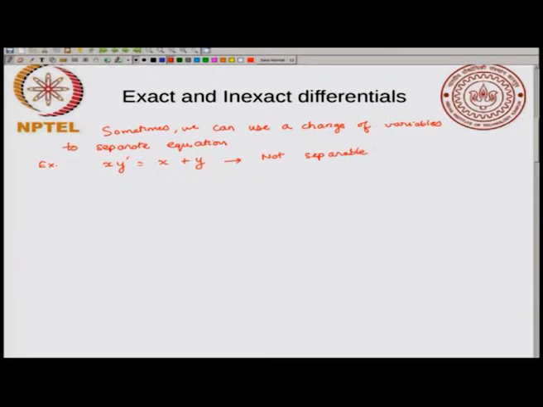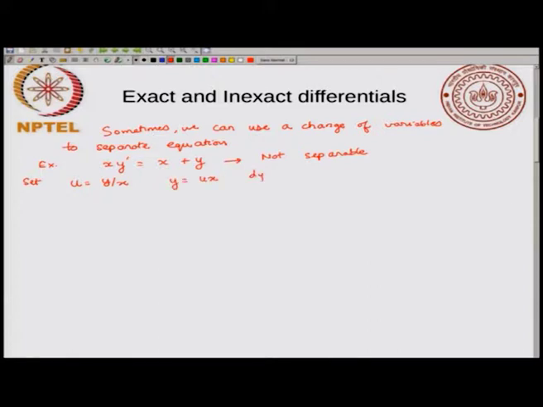However, let us say u equal to y by x. So, you are changing variables, from your dependent variable y to u.